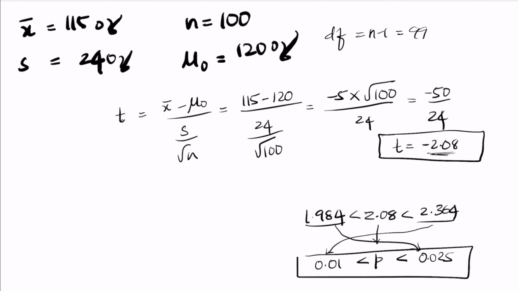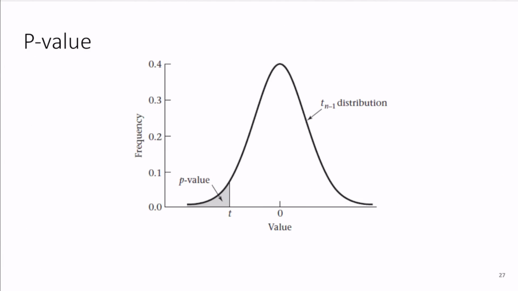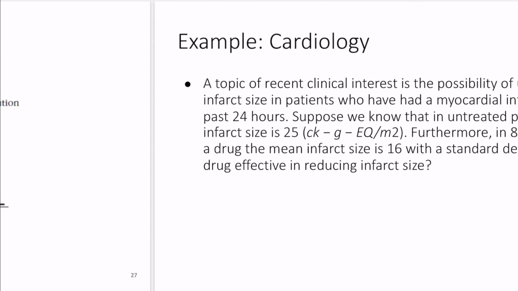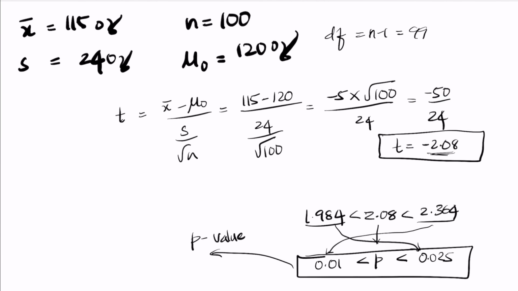This is how we can calculate the p-value. We do not need to calculate the actual p-value, we just need to calculate which range it lies in. Now, the p-value can show us whether the results are significant or not significant, whether we have to reject H0 or accept H0.